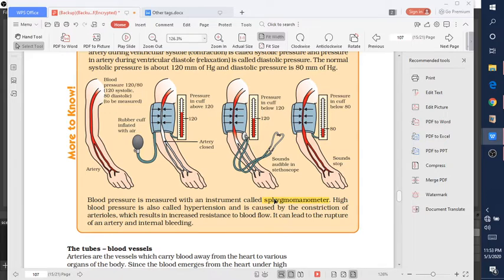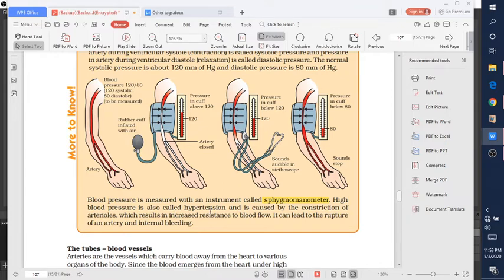If someone has high blood pressure constantly for 3 months, then the person may be diagnosed with hypertension. Hypertension is a disease in which a person has high blood pressure constantly, and it is caused by the constriction of arterioles.